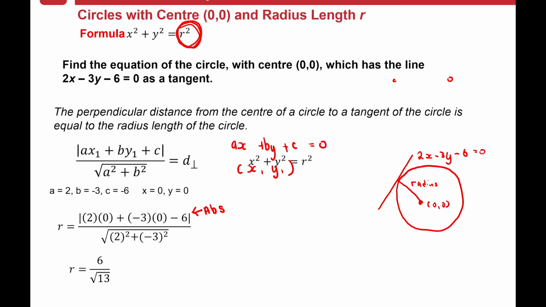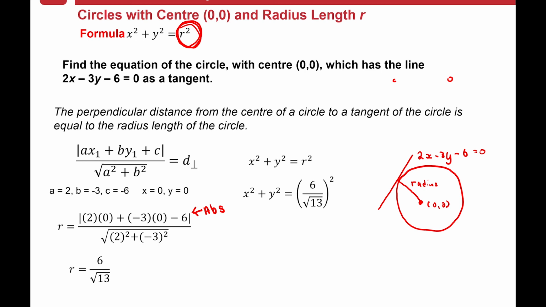I now want to find my equation of the circle. My equation of the circle is given by x squared plus y squared equals r squared. Substituting in my radius, I find my equation of the circle as x squared plus y squared equals 6 over root 13 squared.